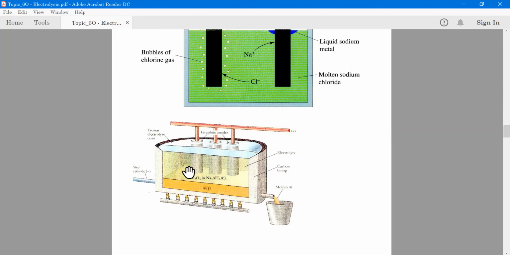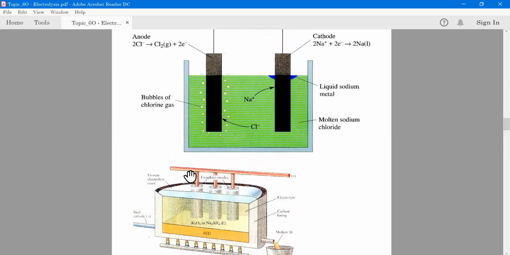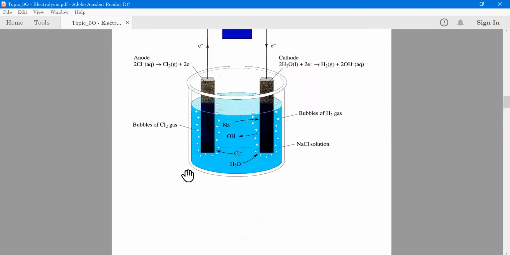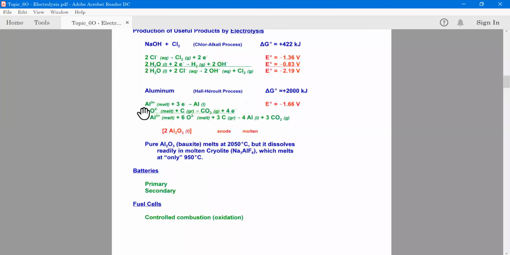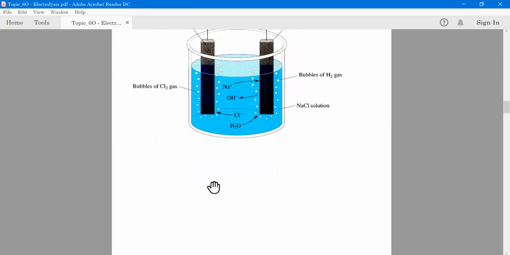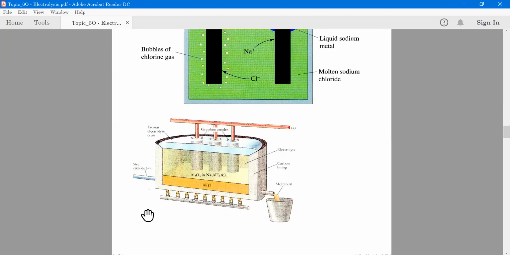During the course of the reaction, as we've just seen, the aluminum in the melt, that's part of the aluminum oxide that's dissolved, picks up 3 electrons from the anodic process and produces aluminum. That aluminum, it turns out, is more dense than the aluminum oxide cryolite solution. So it sinks to the bottom as liquid aluminum right here.